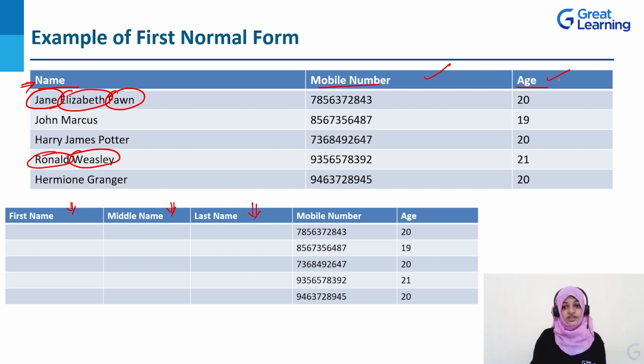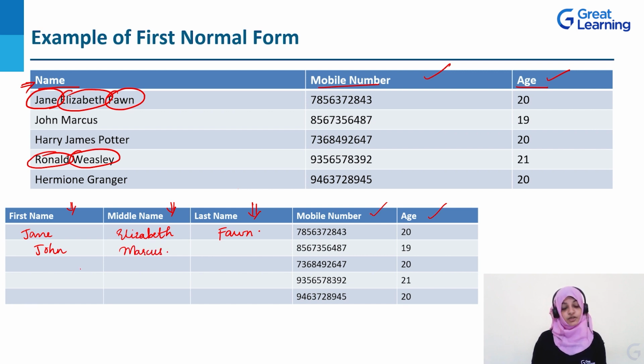The mobile and age column remain as it is because there are just singular elements given in each of the rows. So how do we split this? Every time data is retrieved from the user, we can put in the first name in the first name column, the middle name in the middle name column, and the last name in the last name column. What happens in case there is no last name? Then we just simply add the first and the middle name.